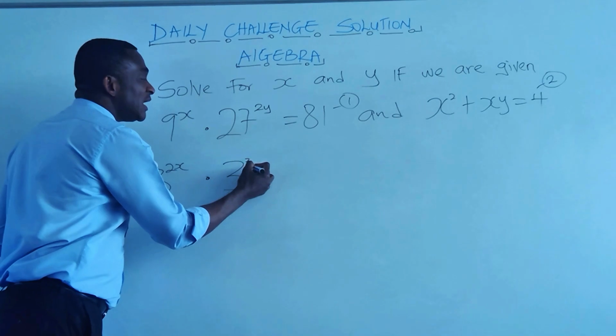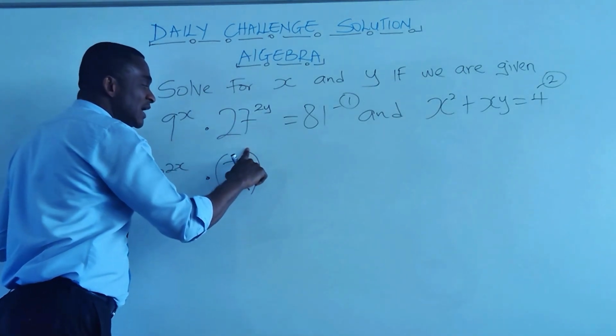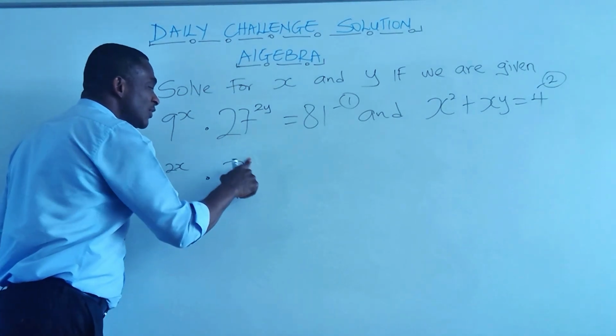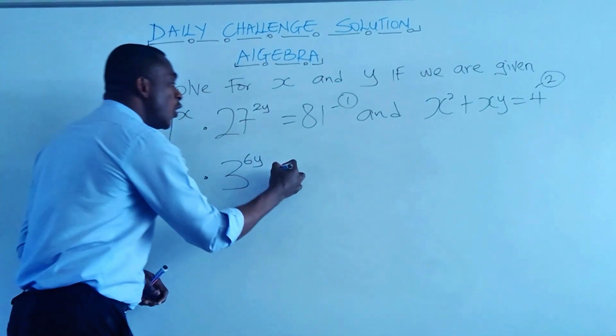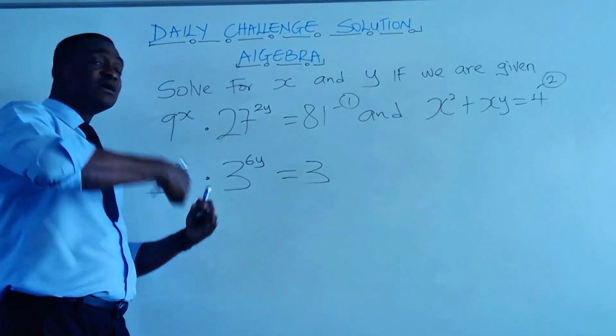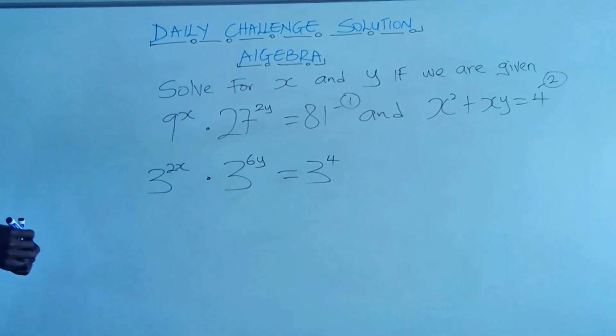And then 3 cubed to the power of y gives 3 to the power of 3y, and if we multiply 3 times 2y, we will have 3 to the power of 6y. And also, we can get 81 as 27 times another 3, that is 81. So 81 is 3 to the power of 4.